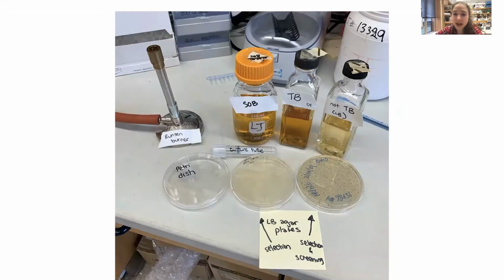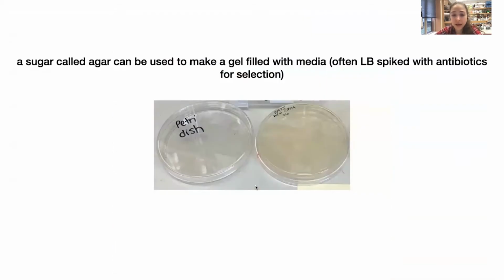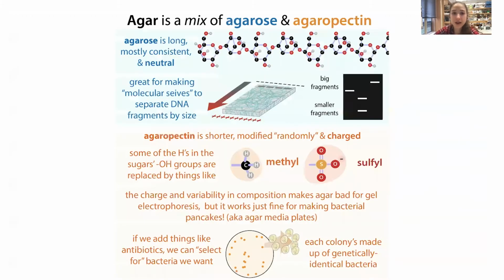We can have the media just in flasks or in bottles, or we can have the media embedded in an agar gel in a petri dish. So one of these circular plastic dishes, we can make this gel filled with bacteria food. This gel is made out of this sugar, agar.